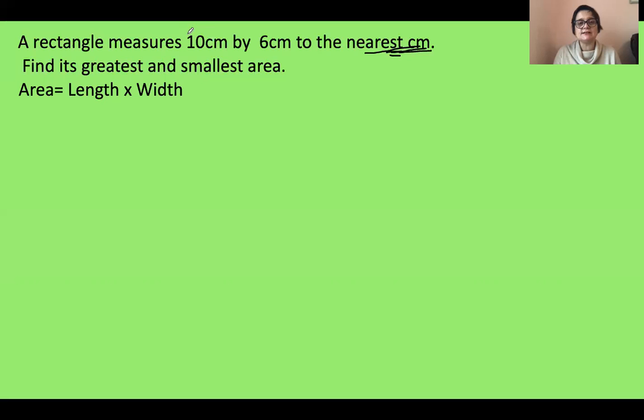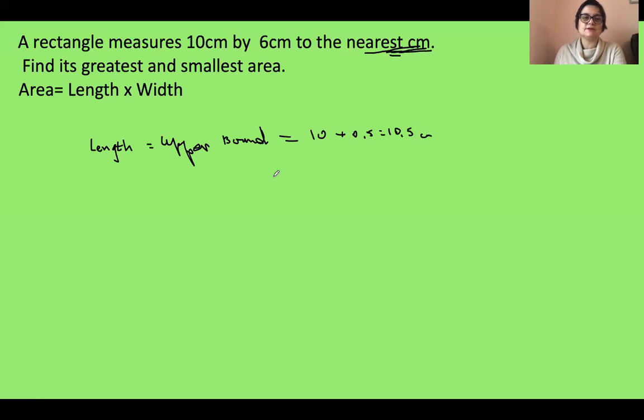So now for 10 to the nearest centimeter, it's going to be for the length, so upper and lower bound. For the length, the upper bound is 10 plus half of the unit, so 0.5, and so it is 10.5 centimeters.